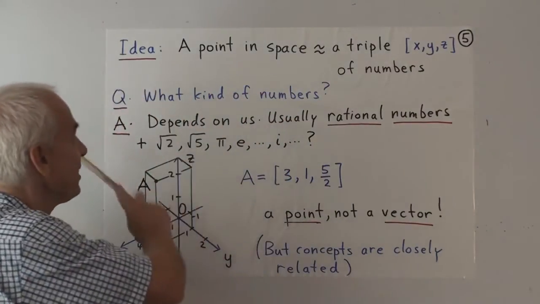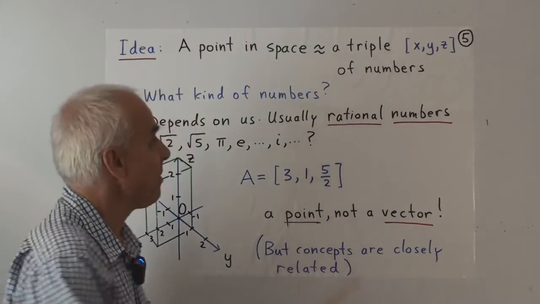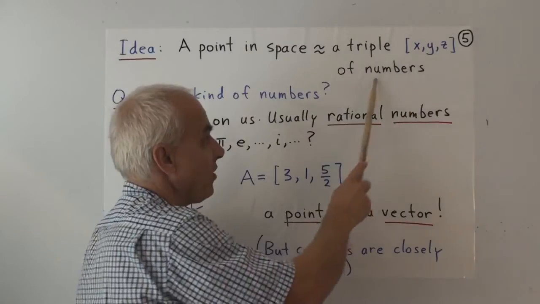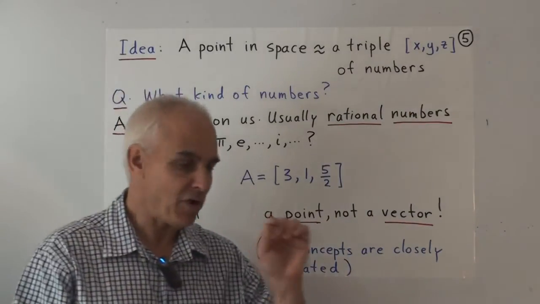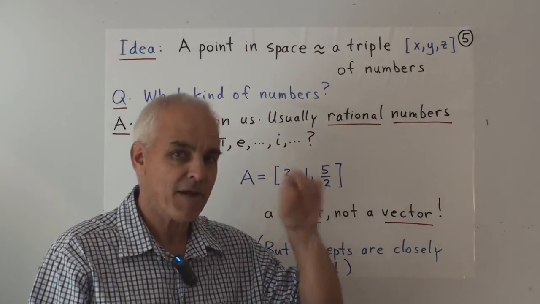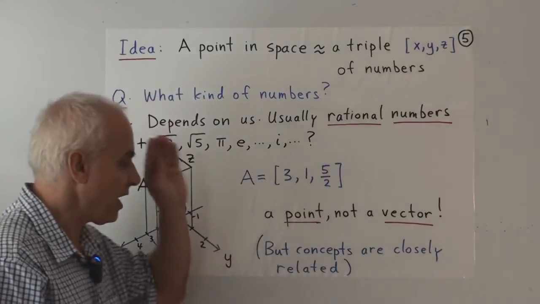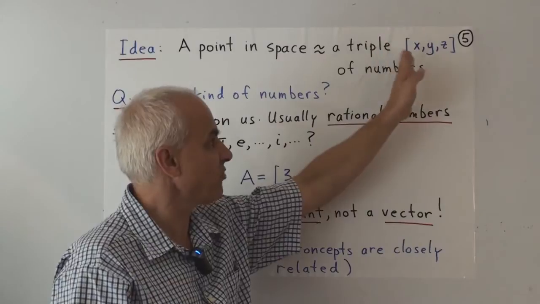So the major idea is that a point in space is represented mathematically by a triple x, y, z of numbers. We don't have to get philosophical and talk about what exactly we mean by that point there. For us, mathematically, we can just think in terms of defining a point in space as a triple of numbers.